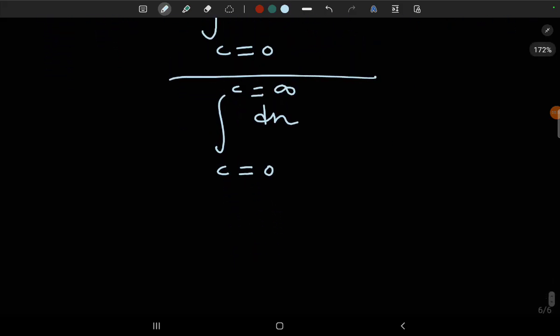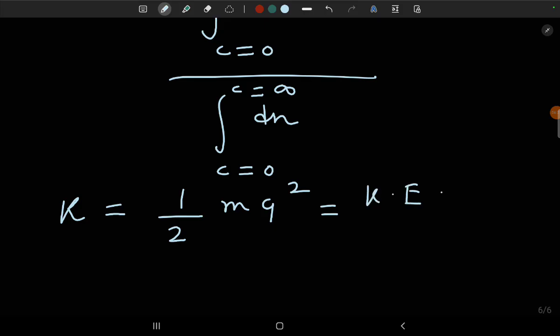From our basic knowledge, we know that the kinetic energy is half m c1 squared. This is not the average kinetic energy; this is the kinetic energy of each molecule.